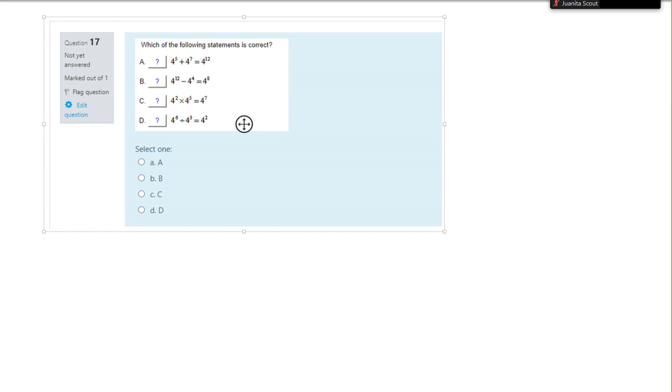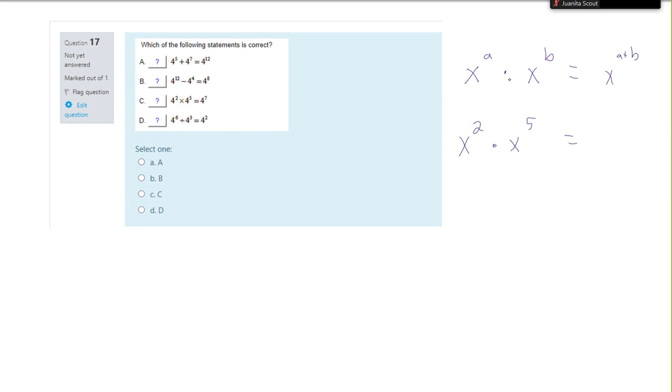Basically, if you had some base raised to some power, and you multiplied it by that same base to another power, we could add the two powers, right? So if we had x squared times x to the 5, we get x to the 2 plus 5, which is x to the 7. Okay, so we found we could do that.